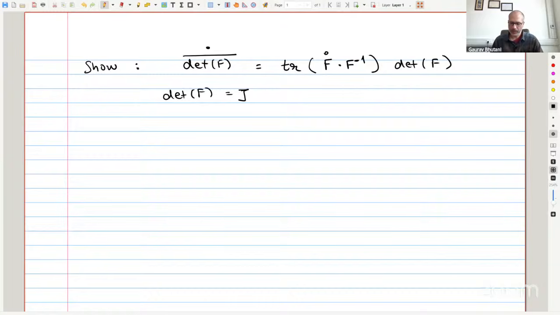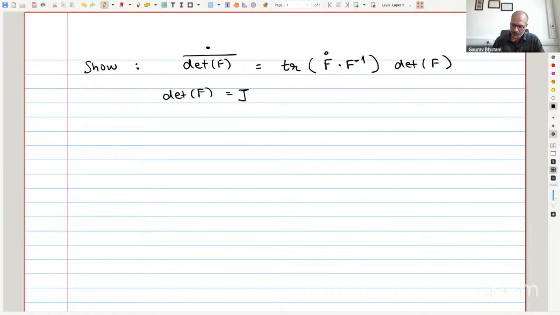It'll just help me write things in a more compact fashion, avoiding writing determinant of F again and again. So what we'll do is we'll start from the expression for the determinant of F, which is the Jacobian.